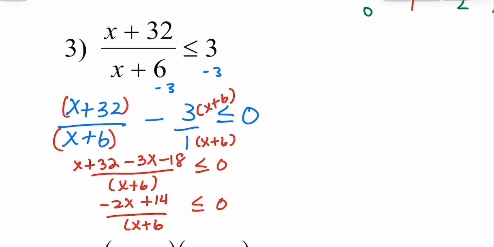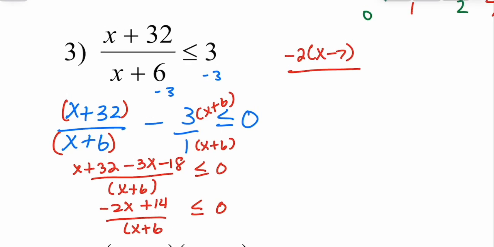And we're not done until that is in factored form. So on the top there, both of those pieces are divisible by negative 2. So our final factored form would be negative 2 times the quantity of x minus 7 over x plus 6 is less than or equal to 0.